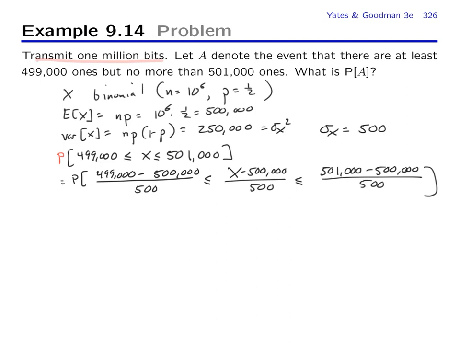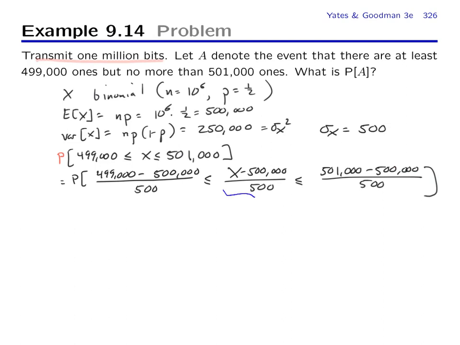So of course you can see that this probability that x is between 499,000 and 501,000 is exactly the same as the probability that the zero mean, unit variance version of x is between here and here.